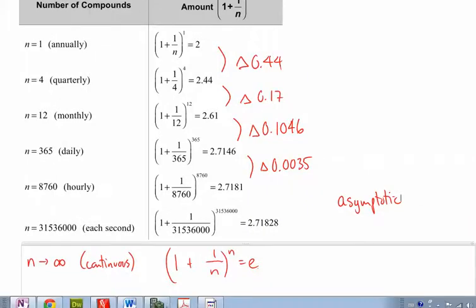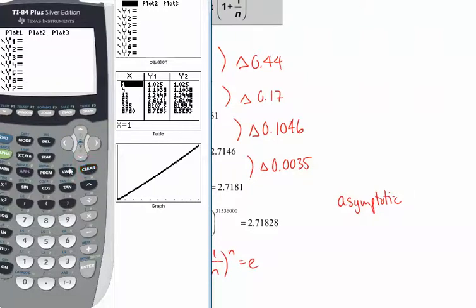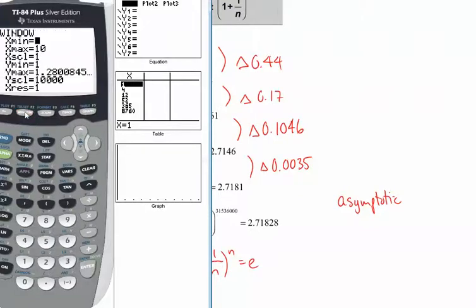And we can see this graphically and play with this on our calculator if you want. Let's have a look at that. Let's just clear what we did a moment ago. Let's put this function in: 1 plus 1 divided by input, so that's representing n, exponent n. Now, if I chose a window of inputs, remember we're trying to get pretty big here.